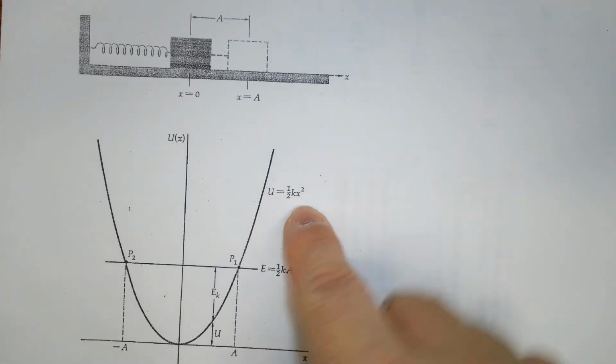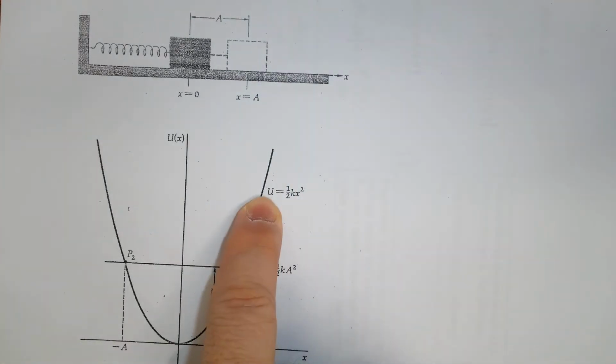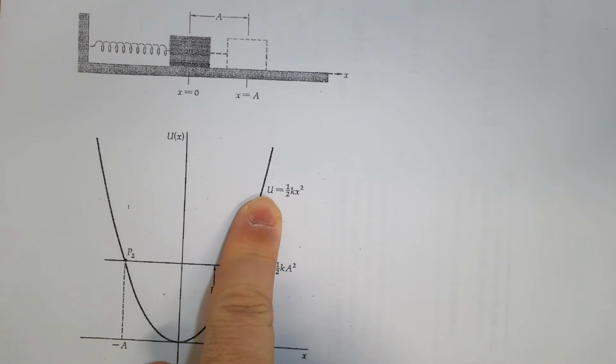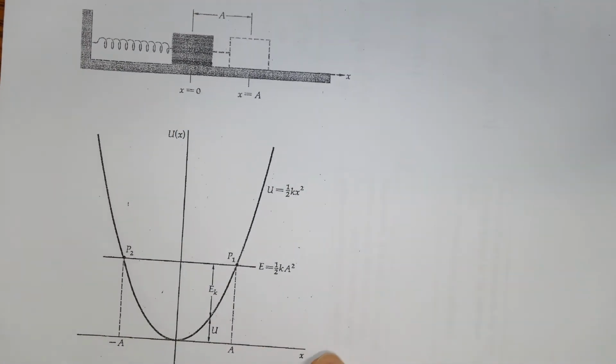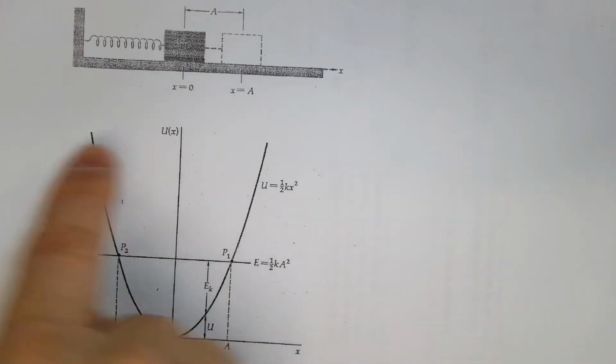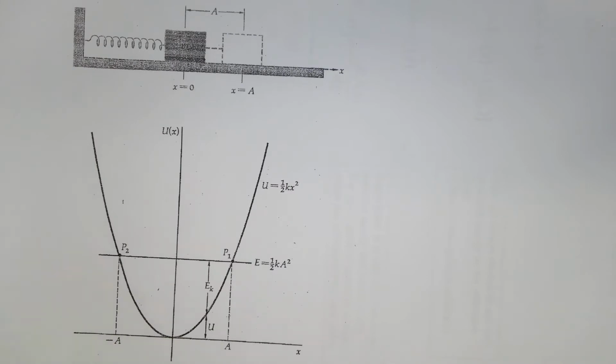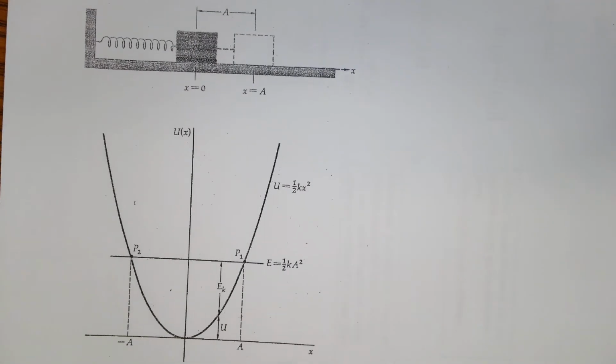Now, x is the position, and U is the potential energy. So when you graph potential energy versus the position x, you'll get a quadratic graph, which is a parabola, right?